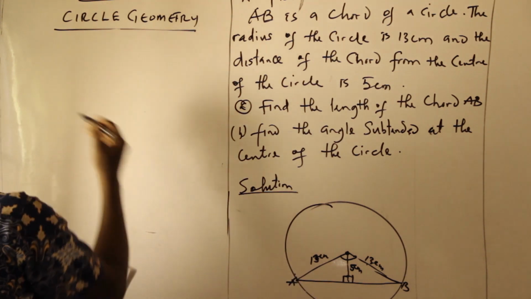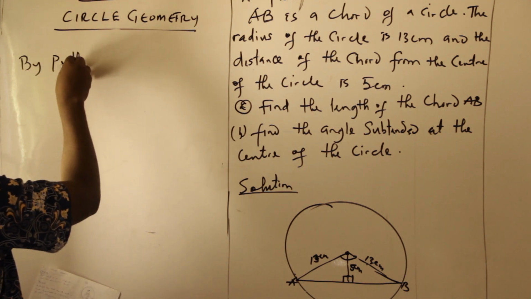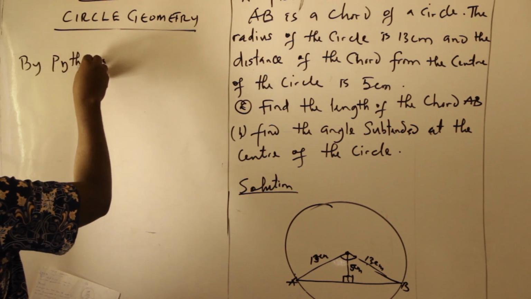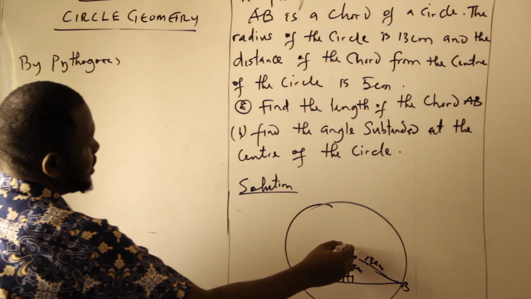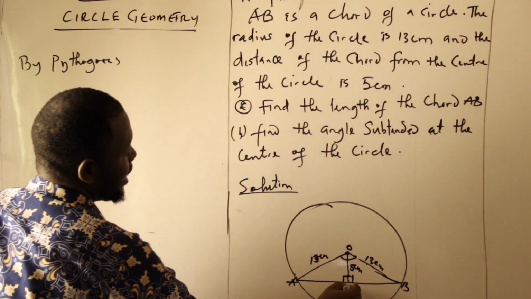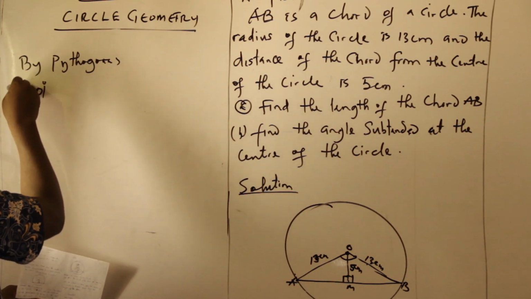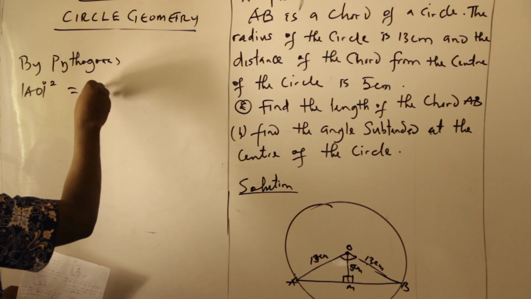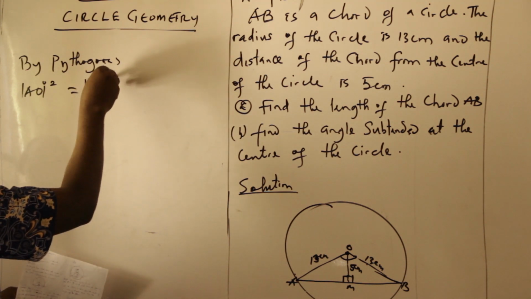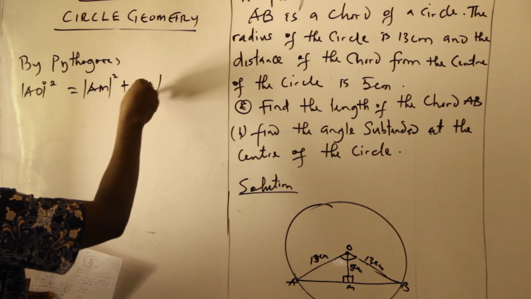If we have by Pythagoras, let me put O here and M here in the middle. So OA, which is your hypotenuse, squared will be equal to AM squared plus OM squared.